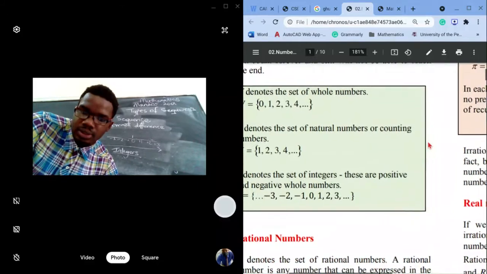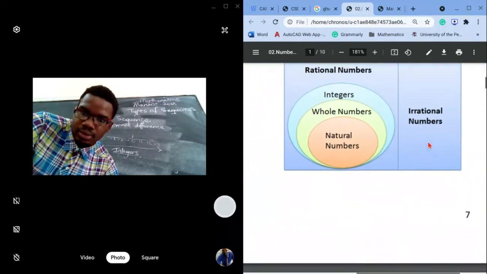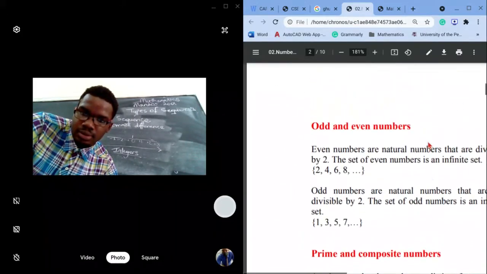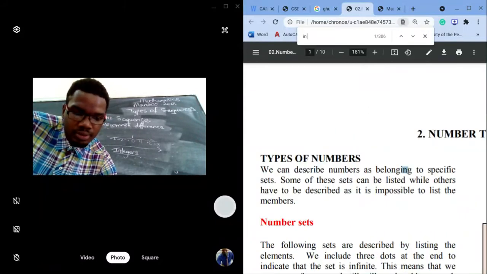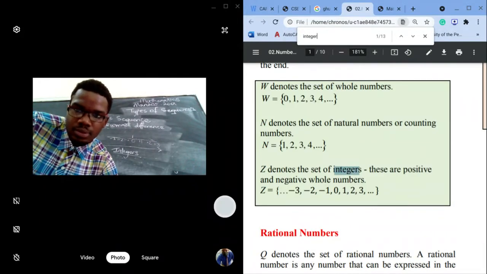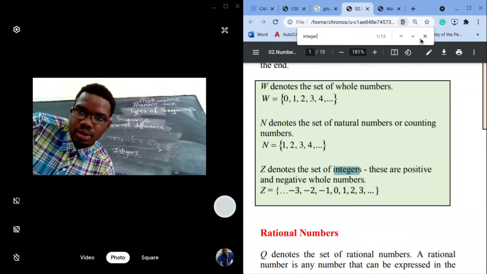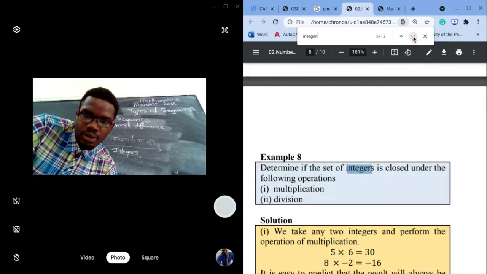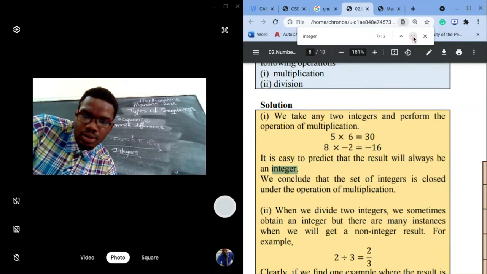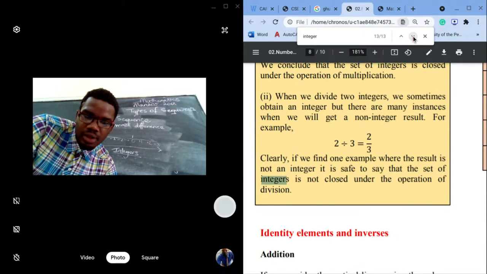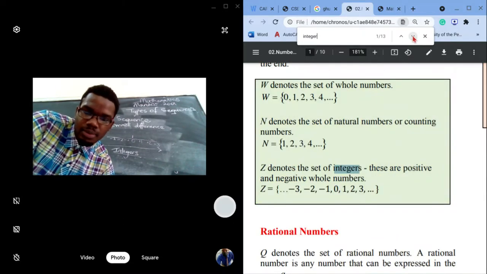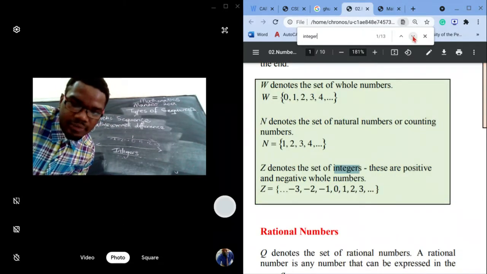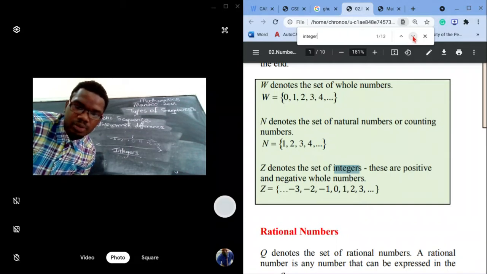So an integer is a set of positive and negative numbers. So here's an example. Negative 3, negative 2, negative 1, 0, 1, 2, 3.